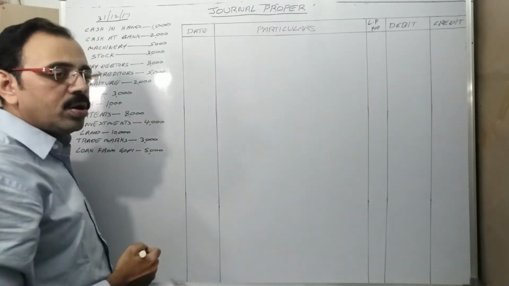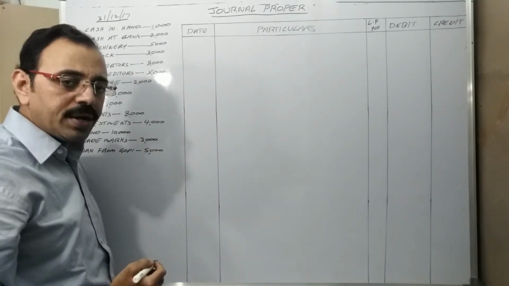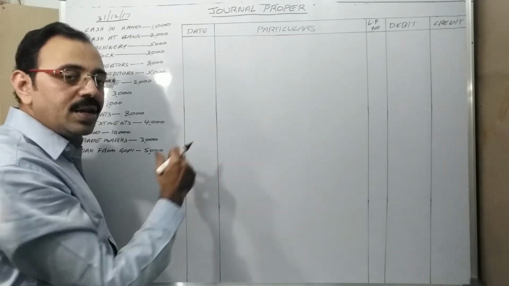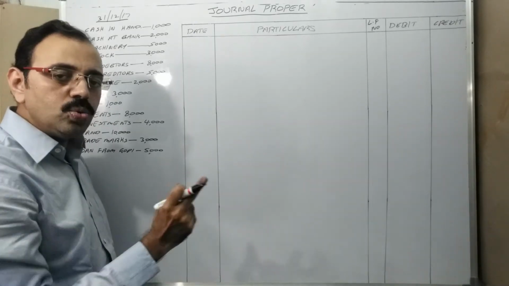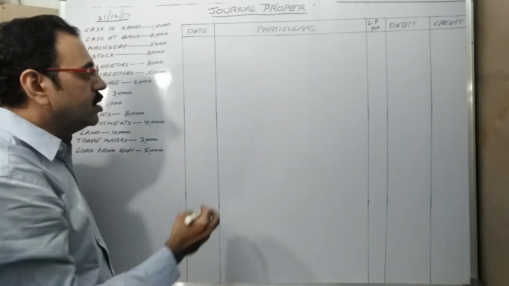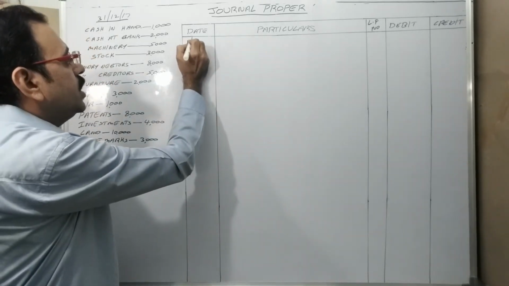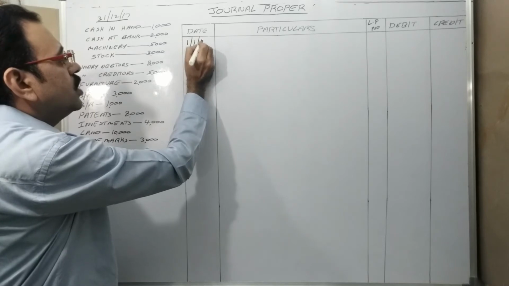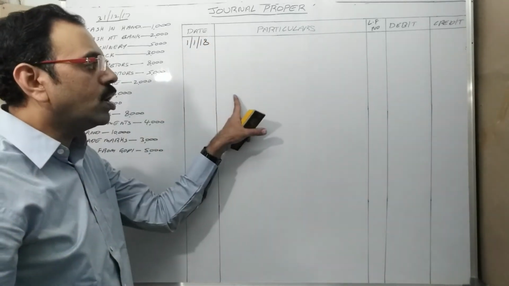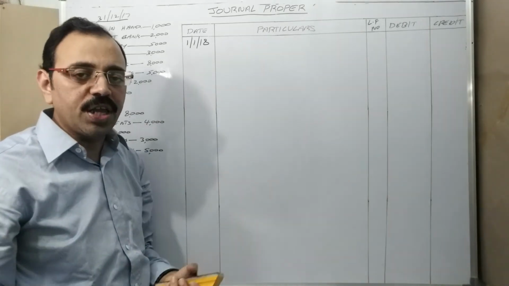Then in the date column, which date should we write? When we are writing this entry, the current year starting date. The current year is 2018, and since we are following the calendar year, the opening date of the current year is 1st January 2018. In the particulars column, we should write the journal entry.